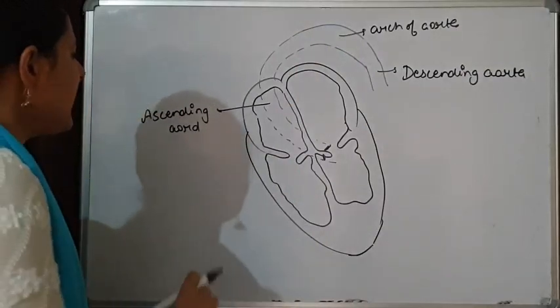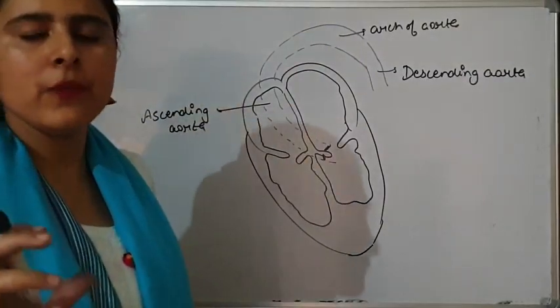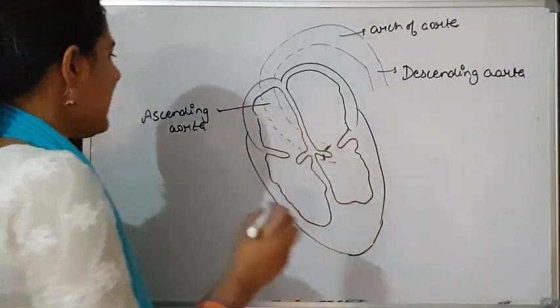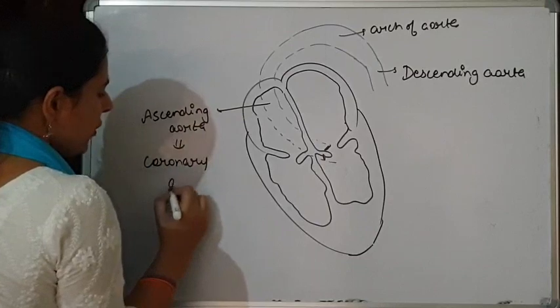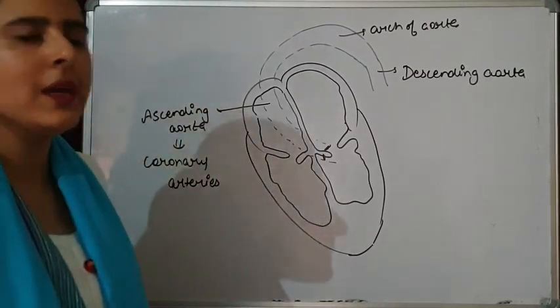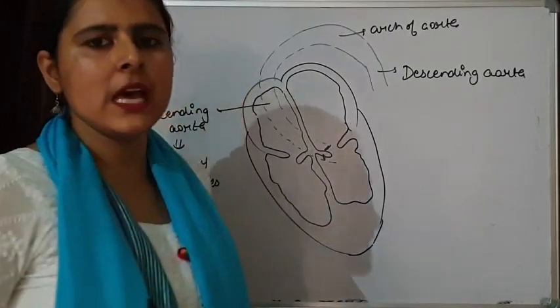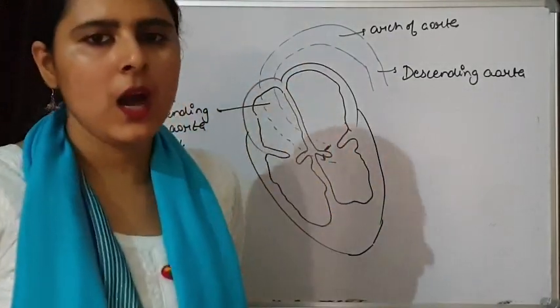This ascending aorta is giving rise to coronary arteries. Left and right coronary arteries are arising from ascending aorta, and these coronary arteries are providing oxygenated blood to left and right side of the heart.